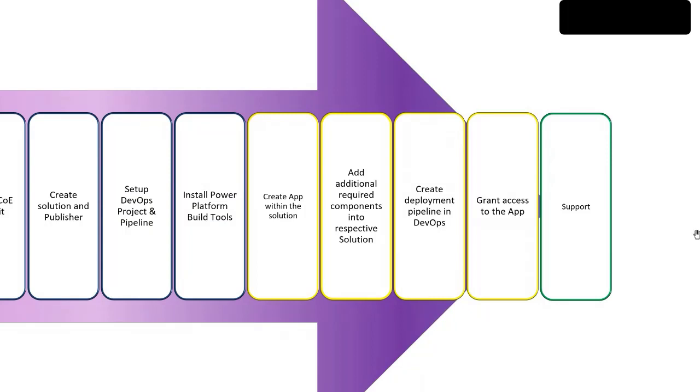Any additional customizations that you have built, PCF, etc., put them in the solution, and then you create a deployment pipeline in DevOps. You push the solution, and then you can grant access to the app. This is what I call the recurring process, because you might not be creating an app, you might be updating the app, you might be adding more components. So every time you go through a deployment, you have to put all this into a solution and push it across the environments. And then lastly, the ongoing one, of course, is support.